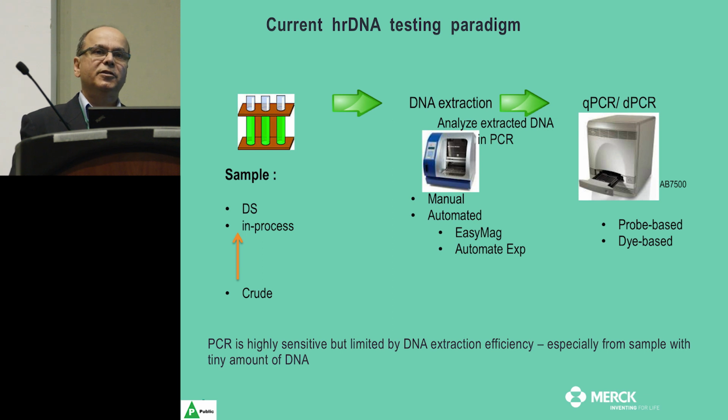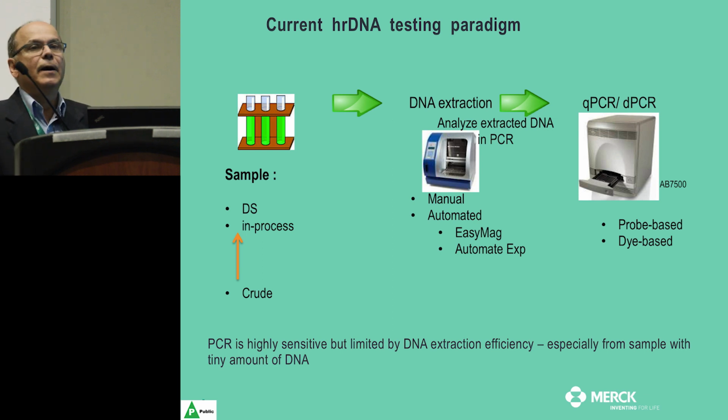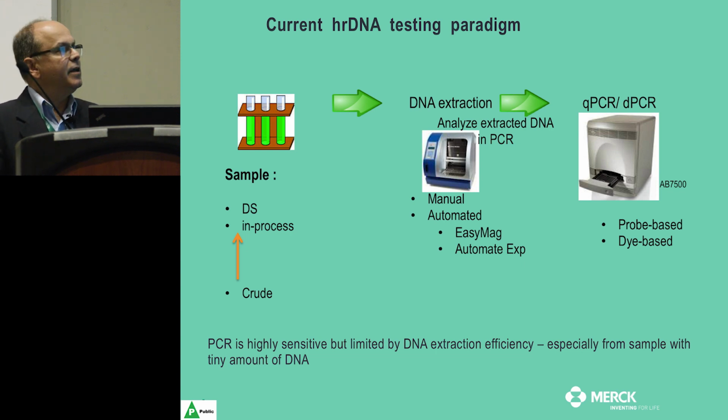But for all those methods, the paradigm is you have a sample, you extract the DNA, and then the test method is hybridization, immunologic detection of the DNA, or qPCR amplification of the DNA for quantification.